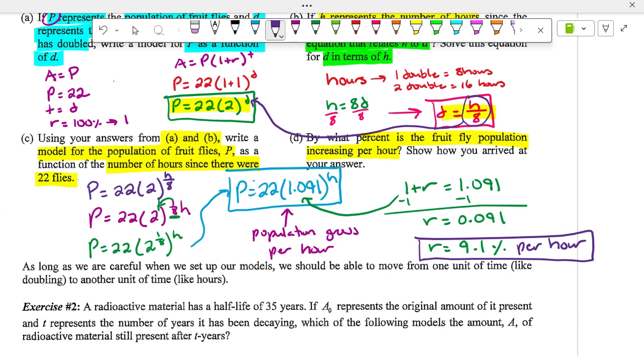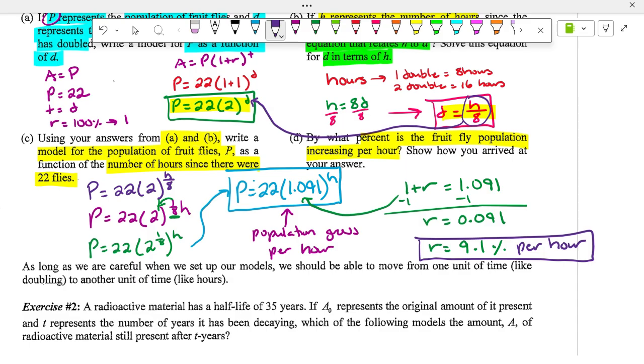So what we're actually doing here is changing the model to fit the units of time. Originally it was with doubling, and then we changed it so that it was per hour. The first equation we came up with right here is per how many times we doubled.